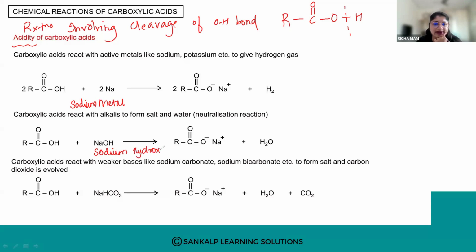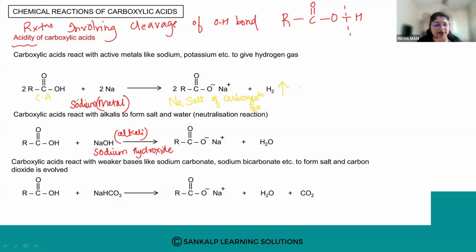When carboxylic acid reacts with a metal, you are going to get the sodium salt of the carboxylate ion, plus hydrogen gas is liberated.